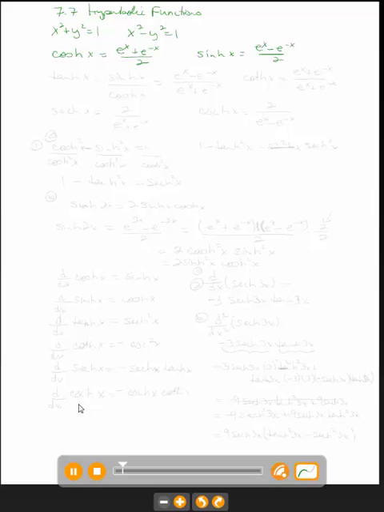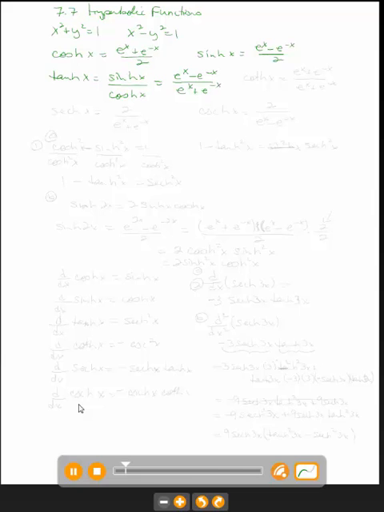And again, you're going to notice some of the same patterns here. Tangent, hyperbolic tangent, is the hyperbolic sine over the hyperbolic cosine, which would mean if I put those over each other, the 2's would cancel out, and I would get this.